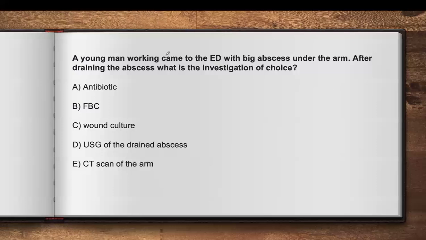Now, this is an easy question for you. A young man came to the emergency department with a big abscess under the arm. After draining the abscess, what is the investigation of choice? Antibiotic, full blood count, wound culture, ultrasound of the drained abscess, CT scan of the arm.